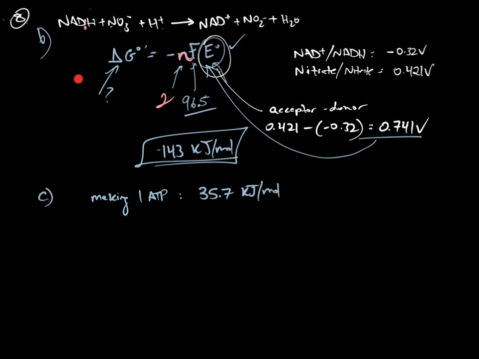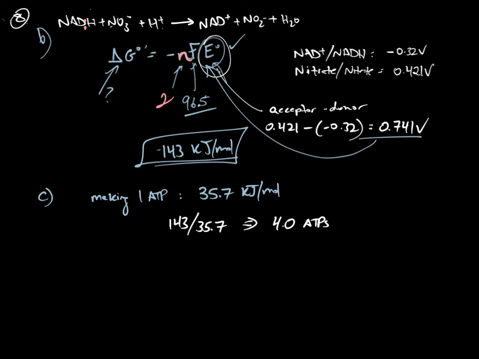If we have this much energy and it takes this much energy to make one ATP, then how many ATPs can we make? Well, then you would just do 143 divided by 35.7, and you would get around 4.0 ATPs. That's the maximum theoretical number of ATPs that you can make if you were to oxidize NADH with nitrate.